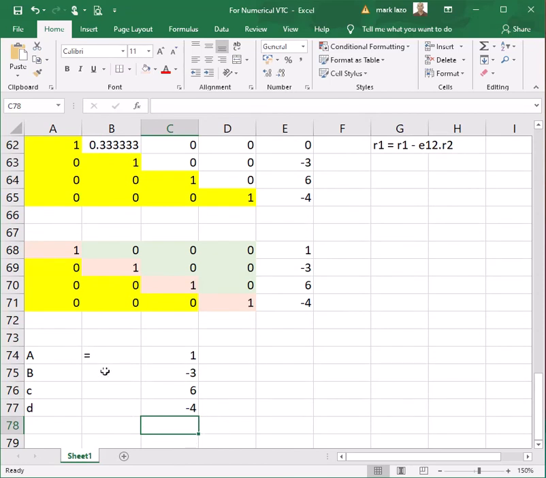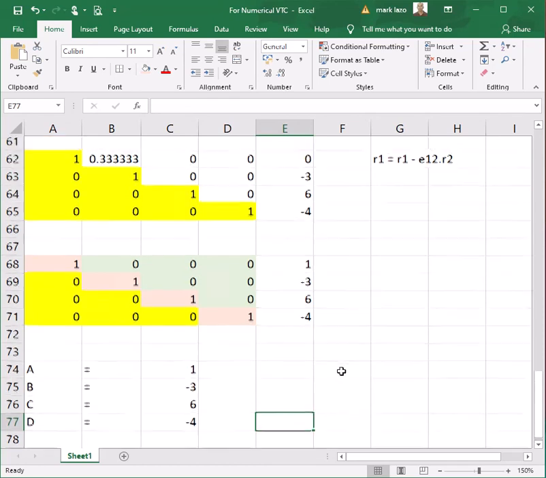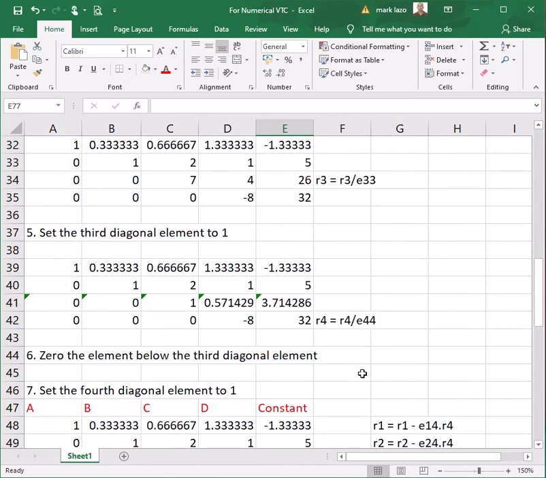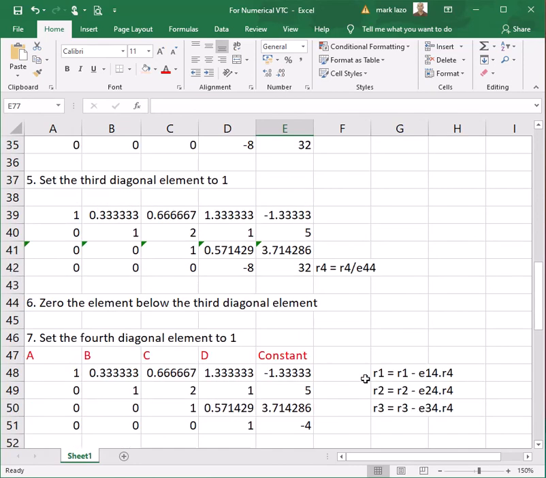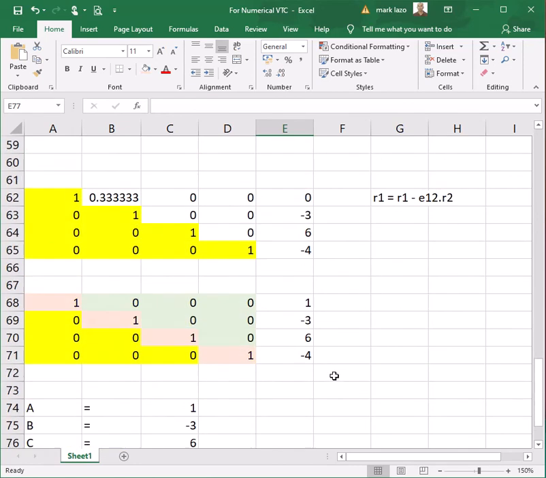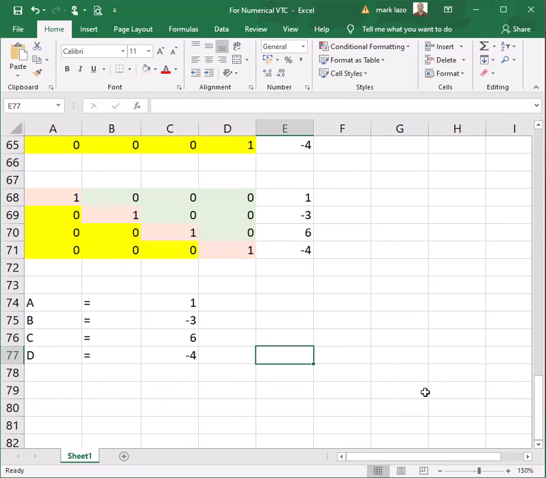So these are the values of A, B, C, and D. But then, how would you check if your answers are correct?